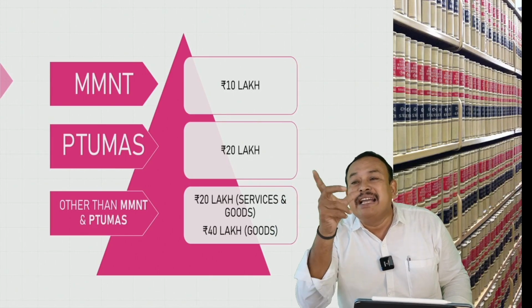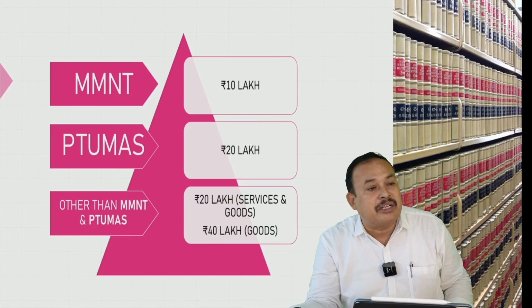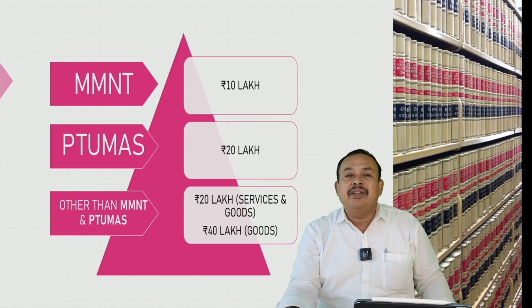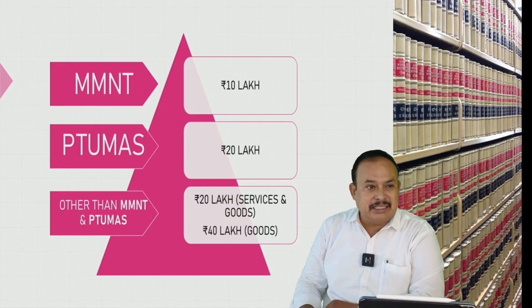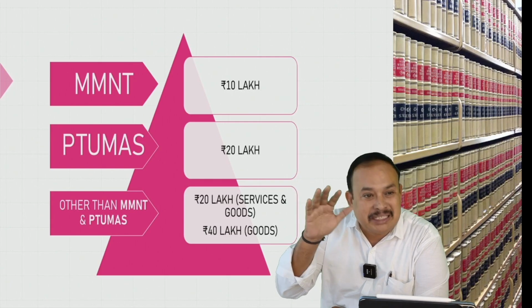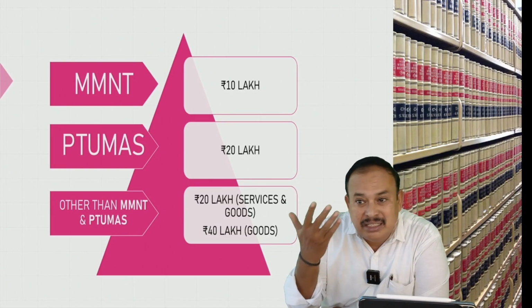While aggregating the turnover for registration purposes, we should not consider: 1. GST taxes, 2. Inward supply on which RCM applied, and finally, immovable property, which is land, neither goods nor service.